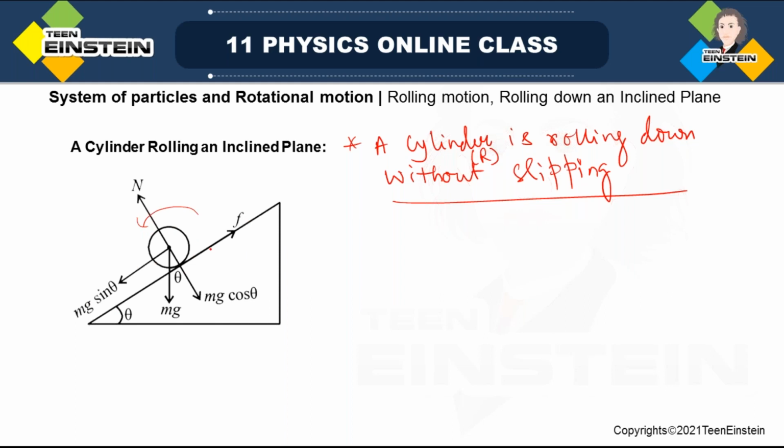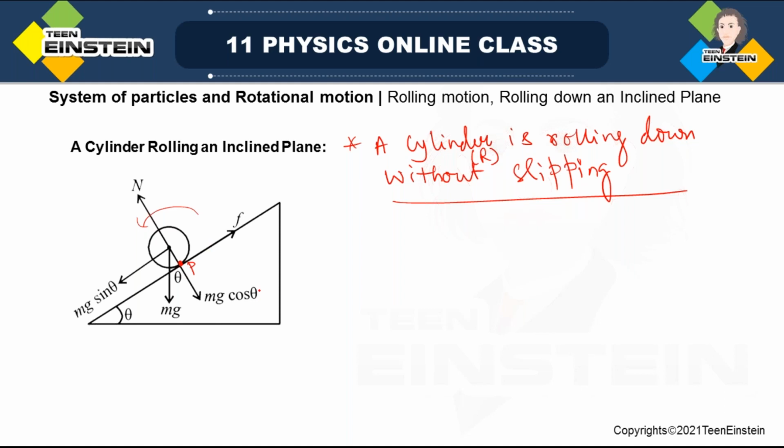It has both rotational and translational motion, since it is rolling motion. The line goes through the contact point, suppose P.